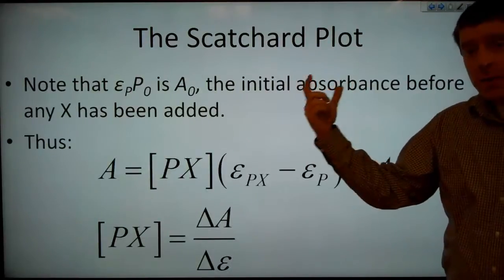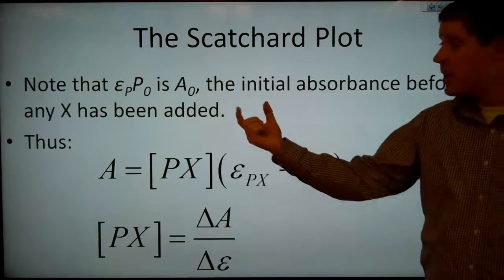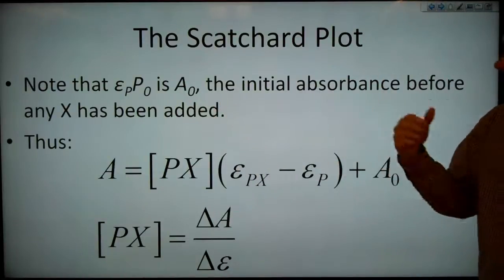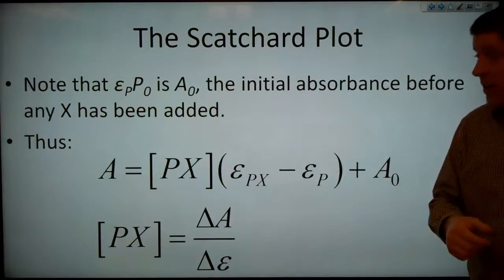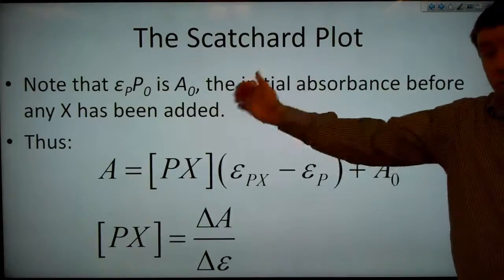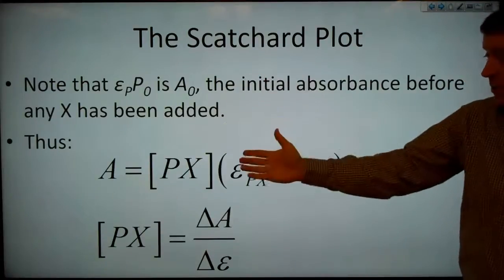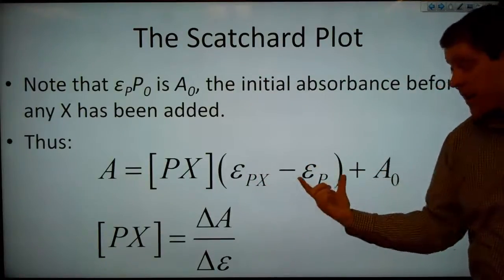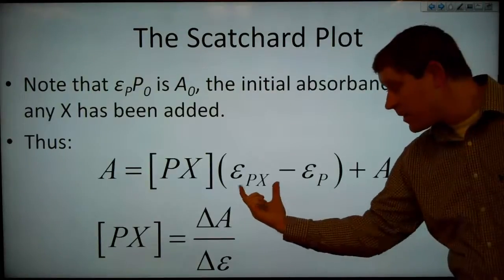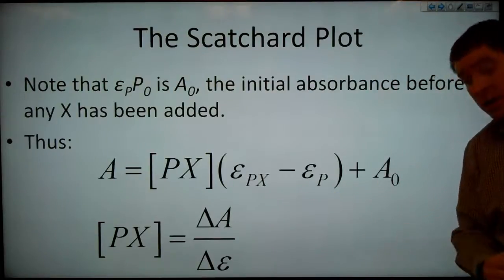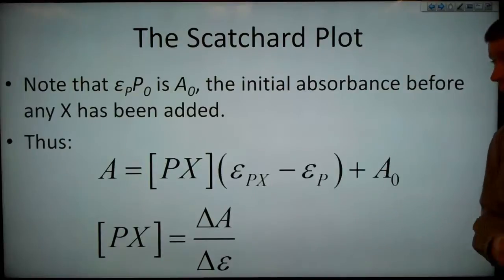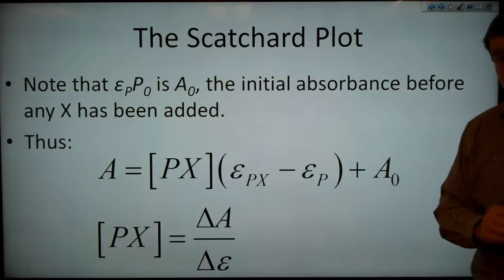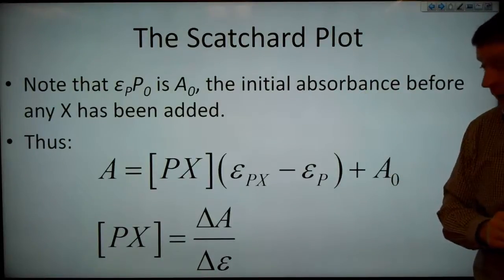Note here that epsilon P times P naught is A naught, which is the initial absorbance before any of our X has been added. And thus, the absorbance A is equal to the concentration of PX times the difference between the molar absorptivity of PX and P plus A naught, this initial absorbance before any X has been added.